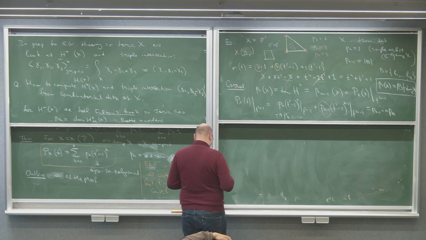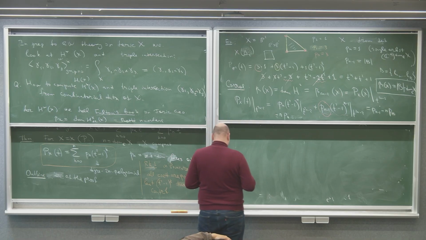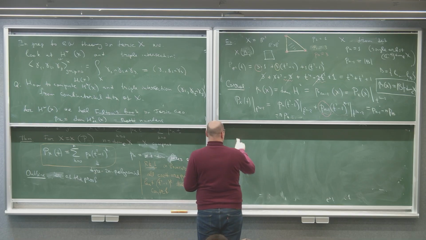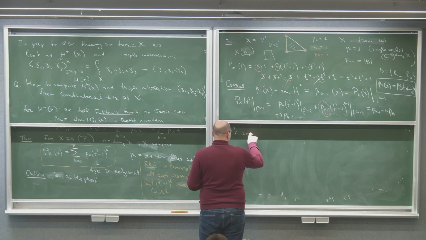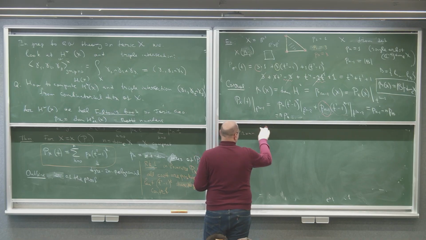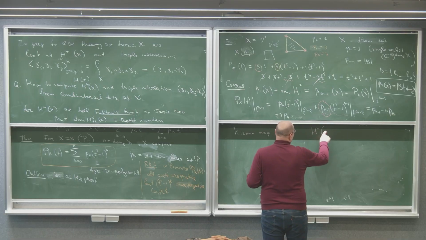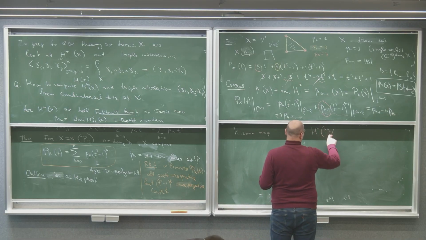Okay, so the key idea is the existence of what is called the Kirwan map, which is a map between cohomologies of the symplectic reduction.